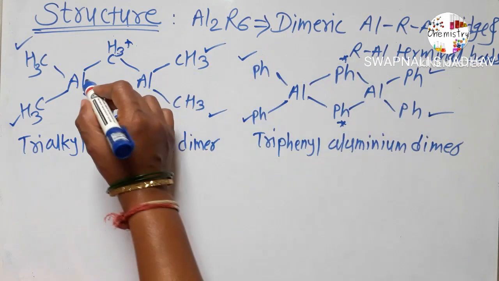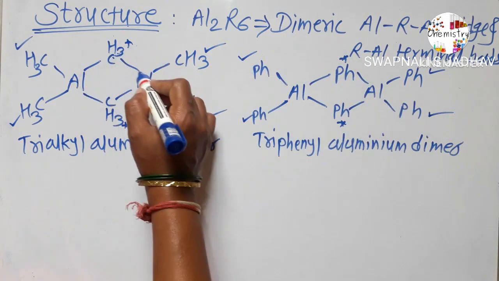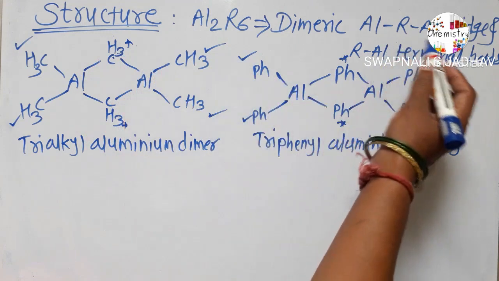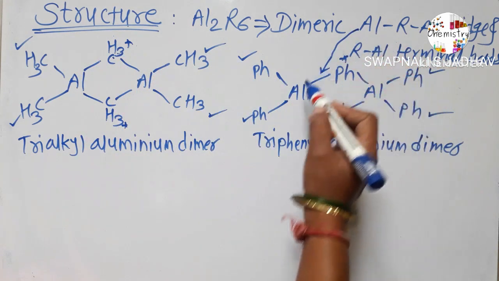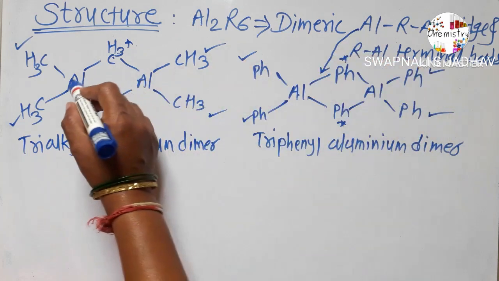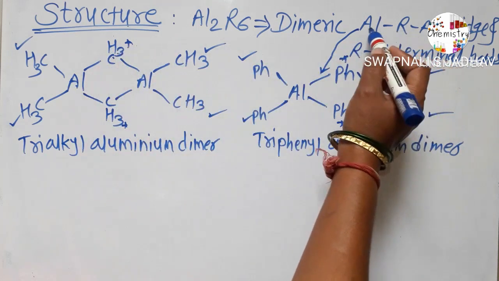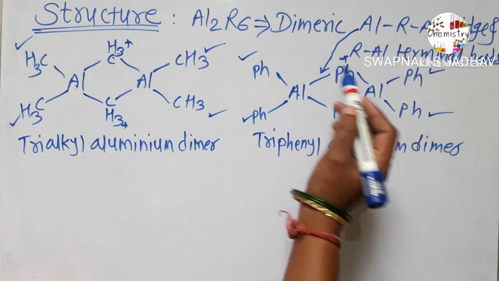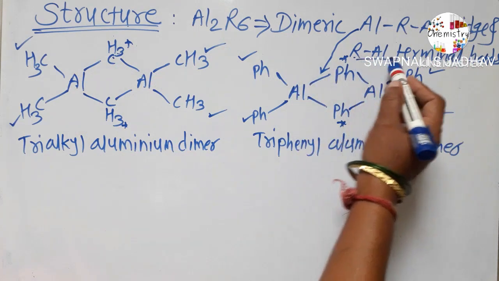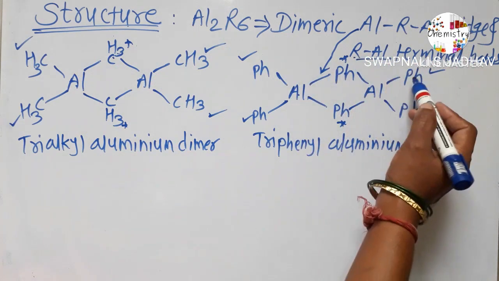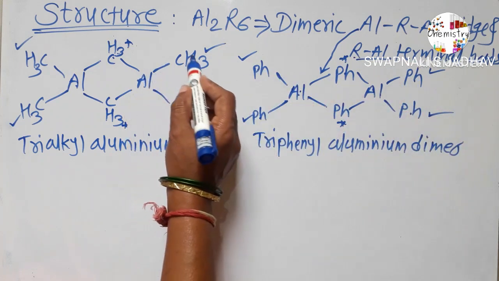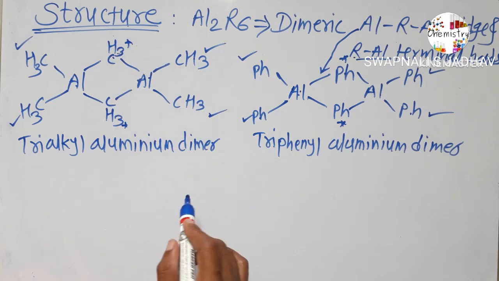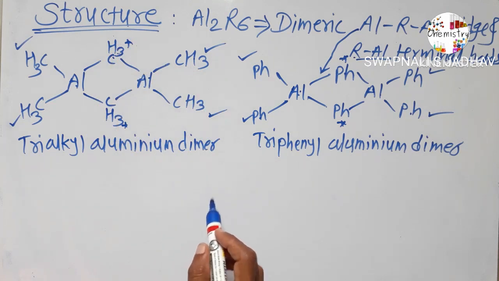Okay, so these Al-CH3-Al and Al-Ph-Al are the bridges, and the terminal bonds are the R-Al, meaning Ph-Al or CH3-Al. Four terminal bonds are present.